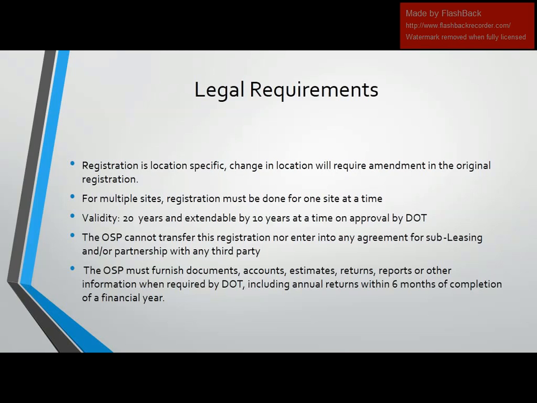The OSP must furnish documents, accounts, estimates, returns, reports or other information when required by DOT, including annual returns within 6 months of completion of a financial year.